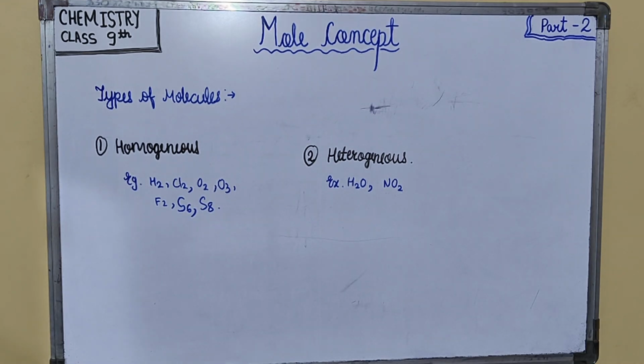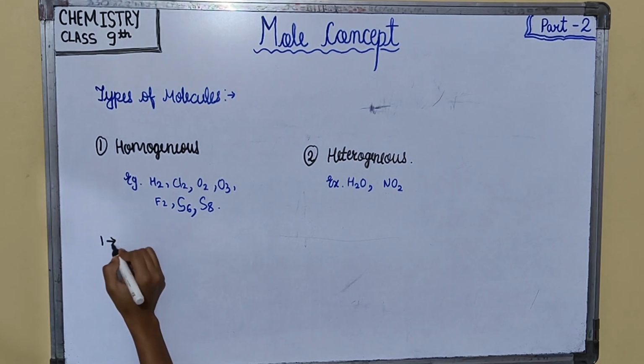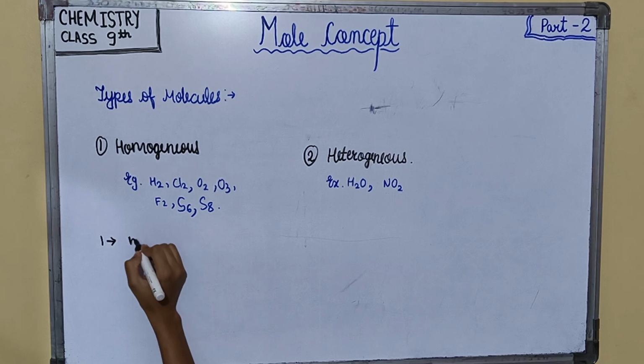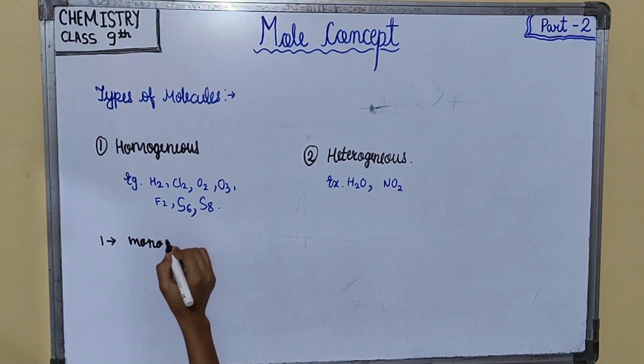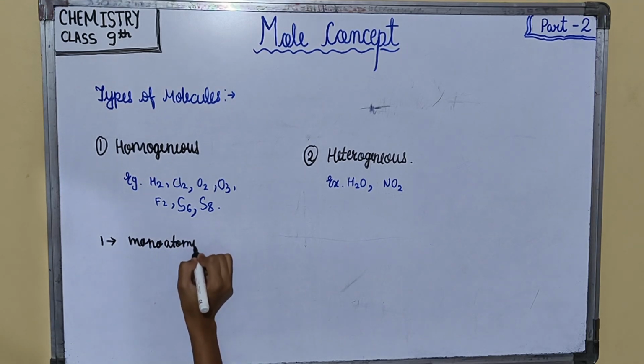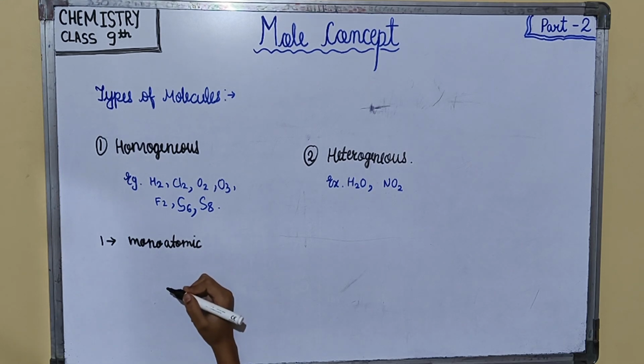So, if the number of atoms of the homogeneous molecule is 1, it will be termed as monoatomic. Examples like helium, He, Ne, or Ar.